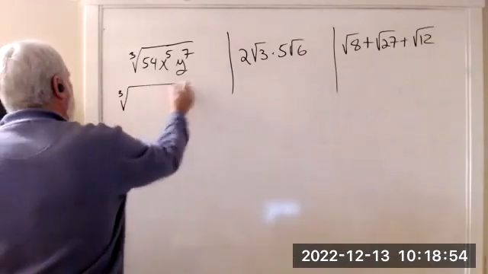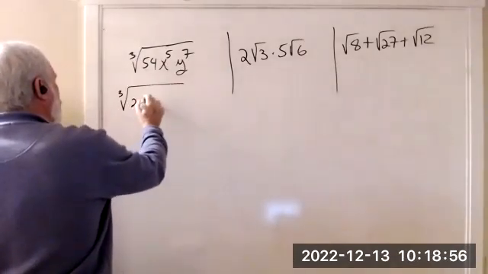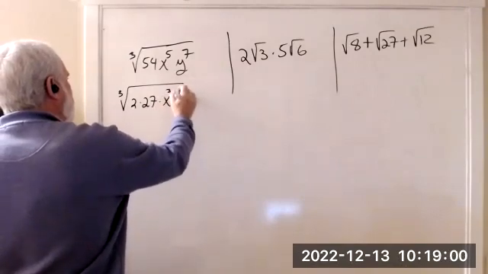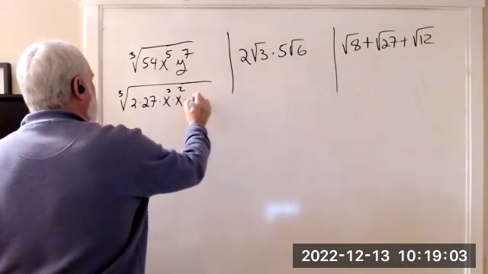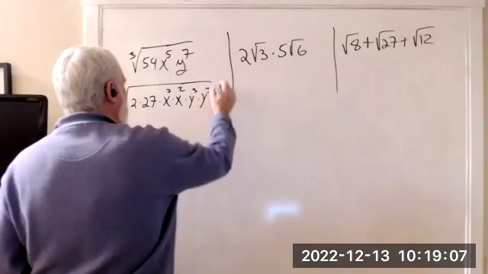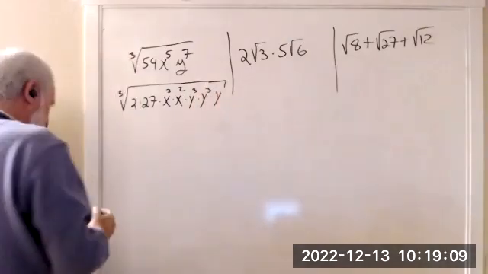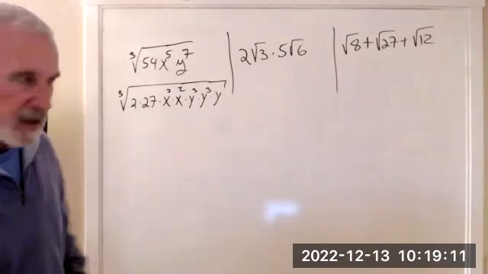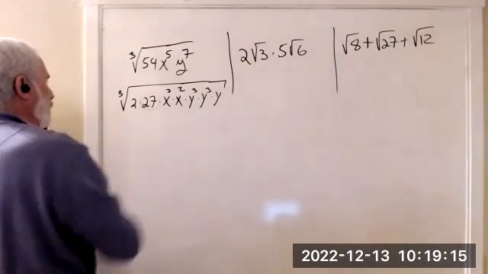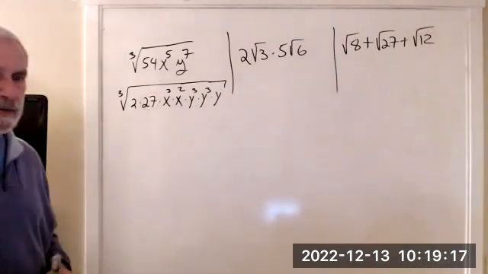So I see this as the cube root of 2 times 27 times x to the 3rd times x to the 2nd times y to the 3rd times y to the 3rd times y. Skipping a step, I know, because I've been doing this forever, that the cube root of 27 is automatically 3.